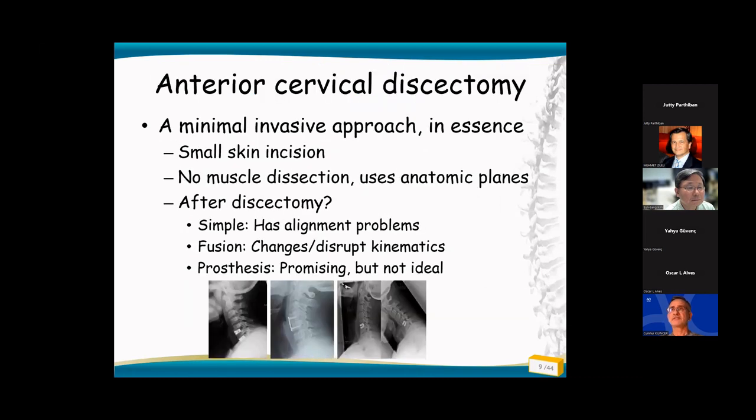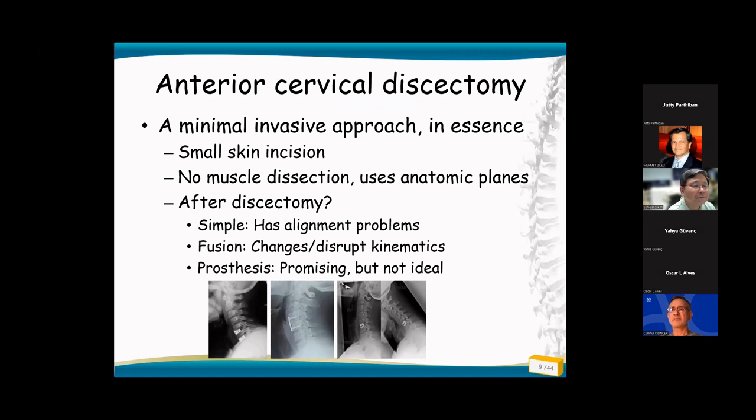Anterior cervical discectomy is generally a standard approach for discectomy. In a sense it is a minimally invasive approach. There is a small skin incision, no muscle dissection, and it uses anatomic planes. But after discectomy, what do you need to do? If you just remove the disc and the lesion, the disc herniation or osteophyte, there may be some alignment problems.